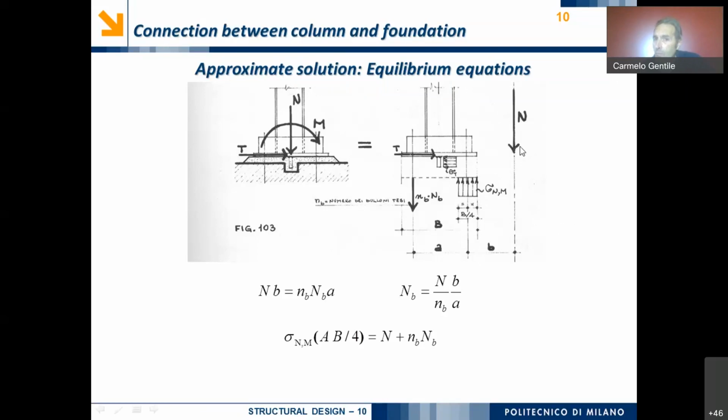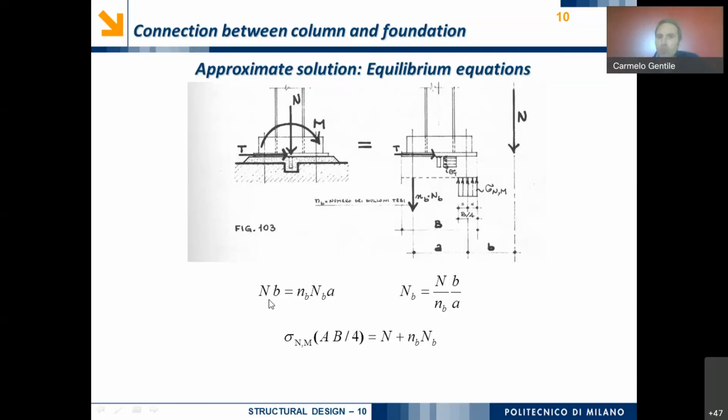We know the eccentricity, and so we know where is the position of the force capital N. So the bending moment with respect to this point of the force capital N is capital N times B. This bending moment should be equilibrated by the moment associated to the tension in the bolts: number of the bolts times the axial force in the bolts times, of course, this distance. And this distance, for example, is denoted as A.